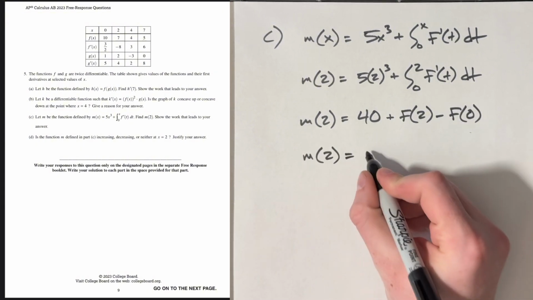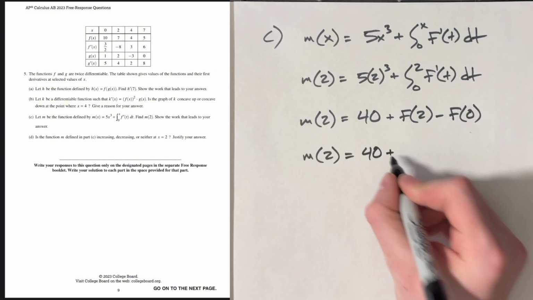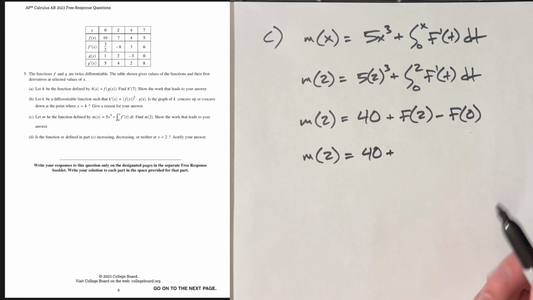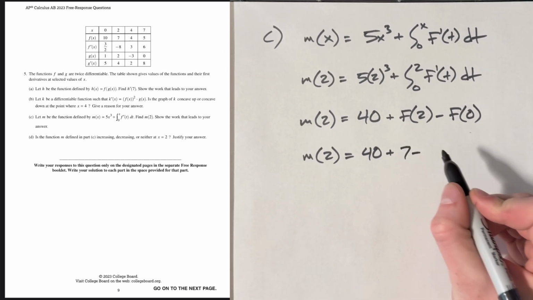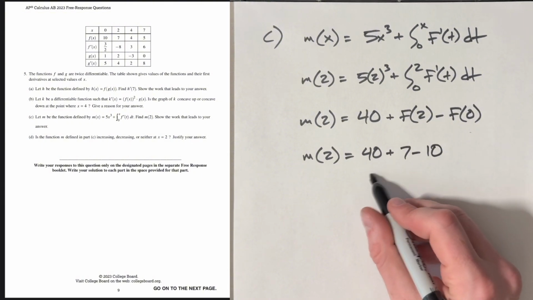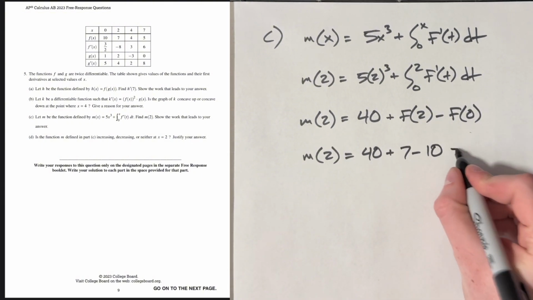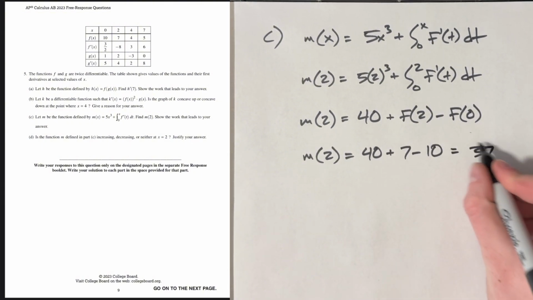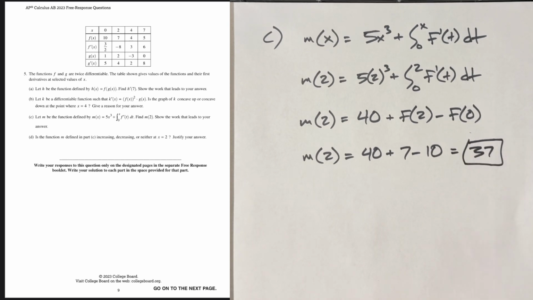So now, once again, using the table to find those values, I get f of 2 is equal to 7, f of 0 is equal to 10. So 47 minus 10 is equal to 37. So m of 2 is equal to 37. It asked us to show our work.